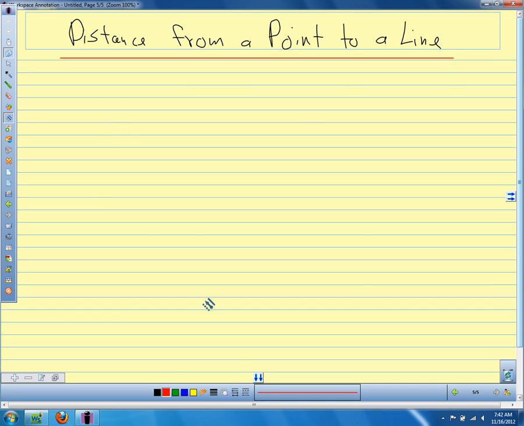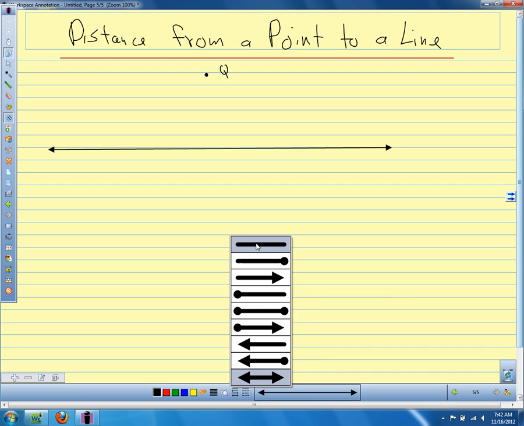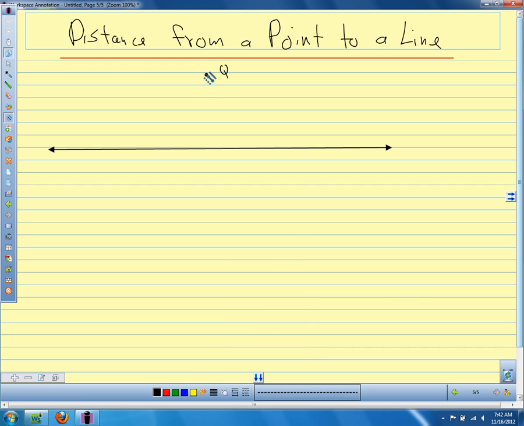So here is our line, this way. And here's our point Q up here. So we want the distance from Q to our line. So I'm going to drop this down like so. We're looking for this perpendicular distance. This is the distance that I'm looking for.